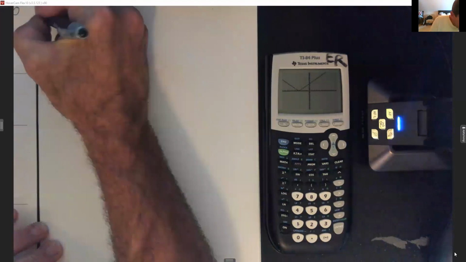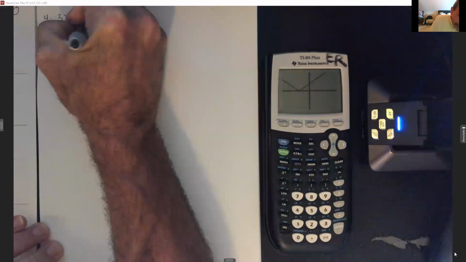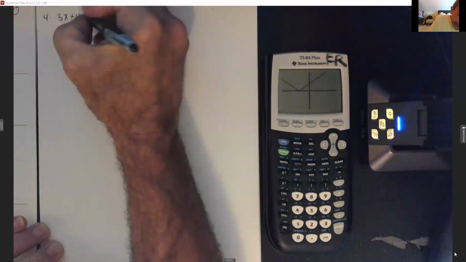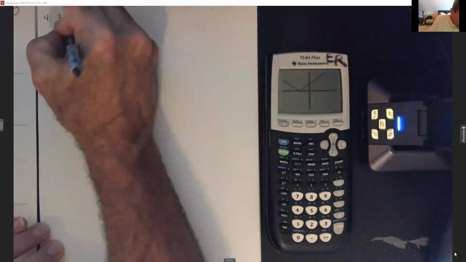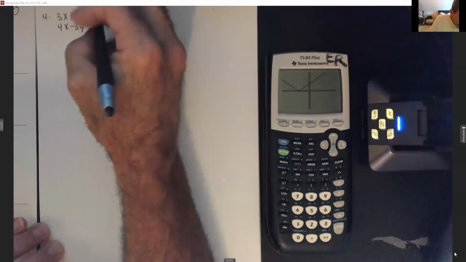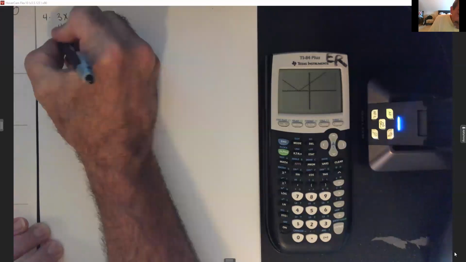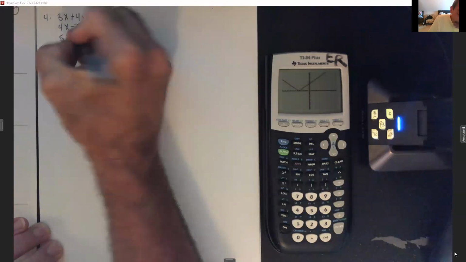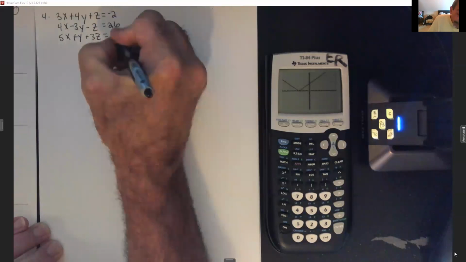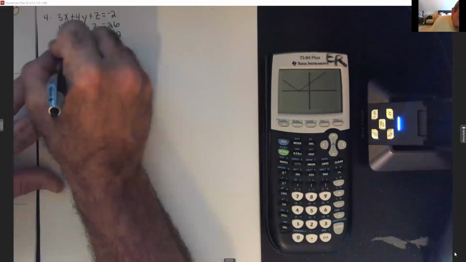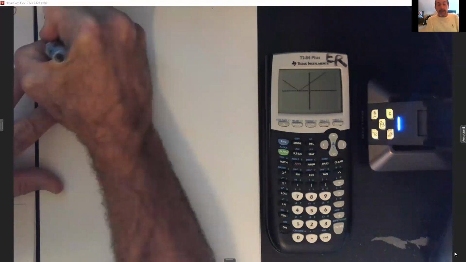This is number 4. 3x plus 4y plus z equals -2. 4x minus 3y minus z equals 26. And then 5x plus y plus 3z equals 22.